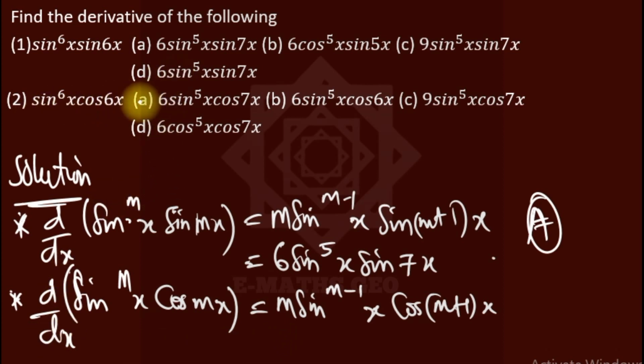Looking at this second one, our m is 6. So the answer will now be 6 sine x raised to power 5 times cos 7x.